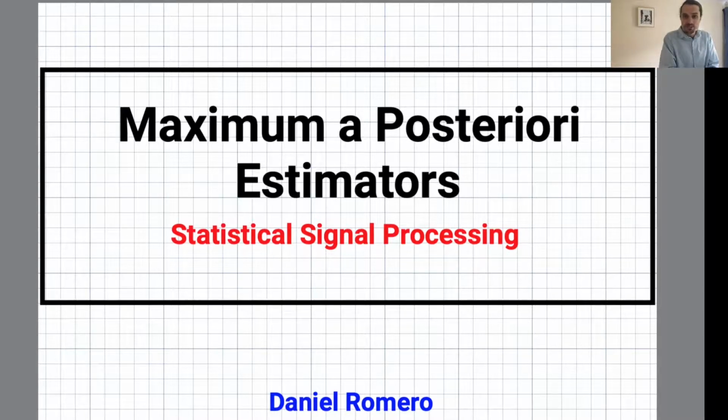Good day, everyone. Last time we embarked on our Bayesian journey by introducing the whole philosophy of modeling the parameters that we want to estimate as random variables and assigning a prior distribution to them.